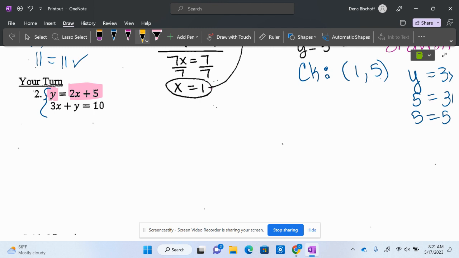So I'm going to take this 2x plus 5 and I'm going to plug it in for y in the next equation. So let's write that. So this equation right here now becomes 3x plus, but instead of y, I'm putting in 2x plus 5. All I did was replace the y. I still have to finish off the equation, equals 10.